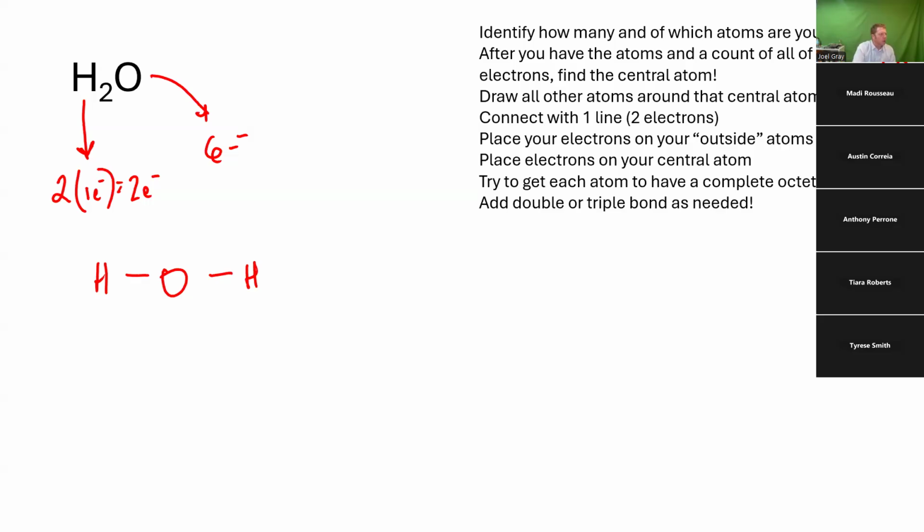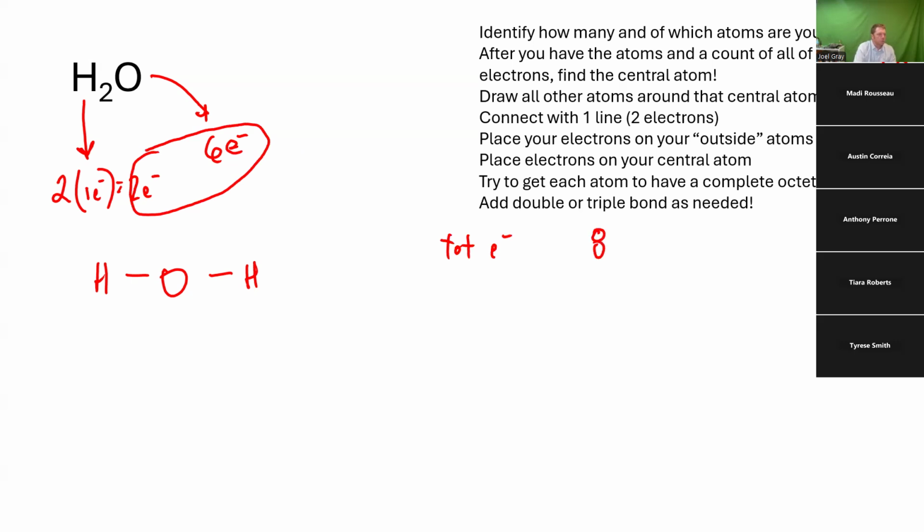So if we add these numbers up, here's our total number of electrons that we could draw. We had 8 electrons. What I like to do is keep track of my electrons, so I'm going to do this little accounting table. Total electrons is 8.